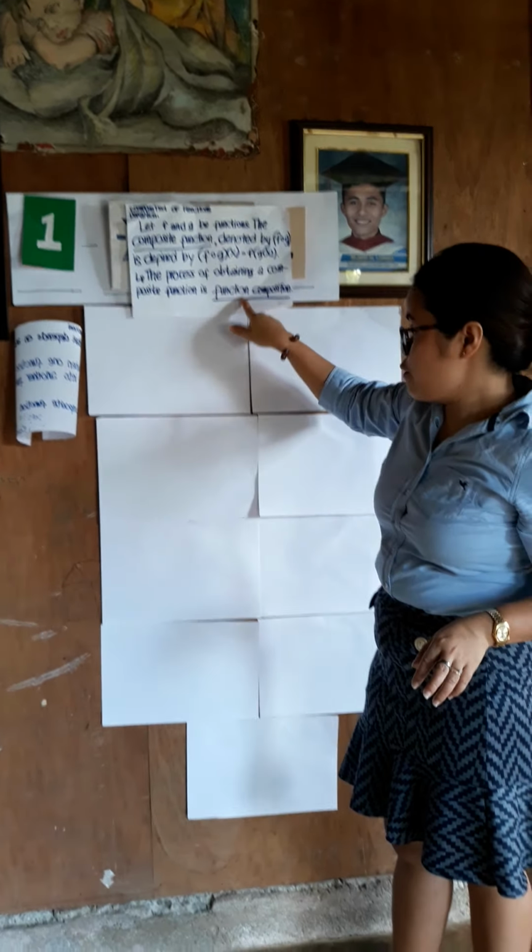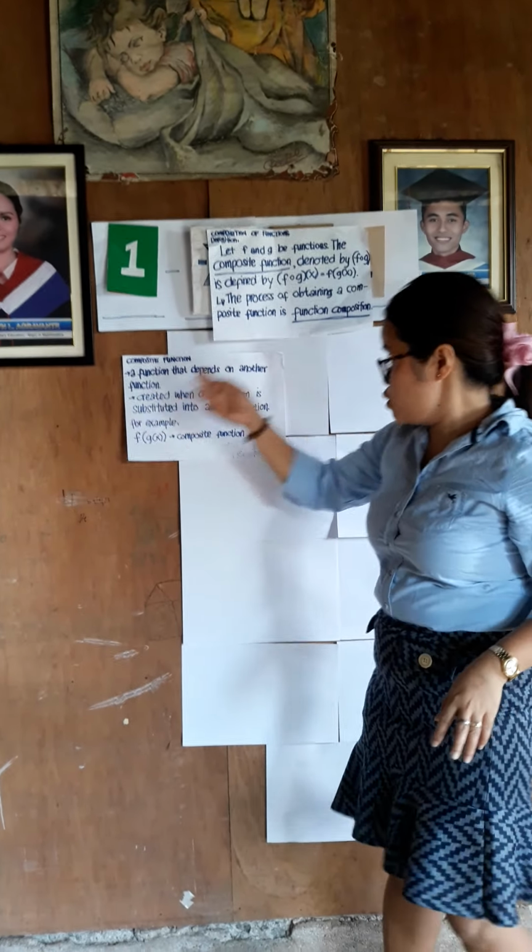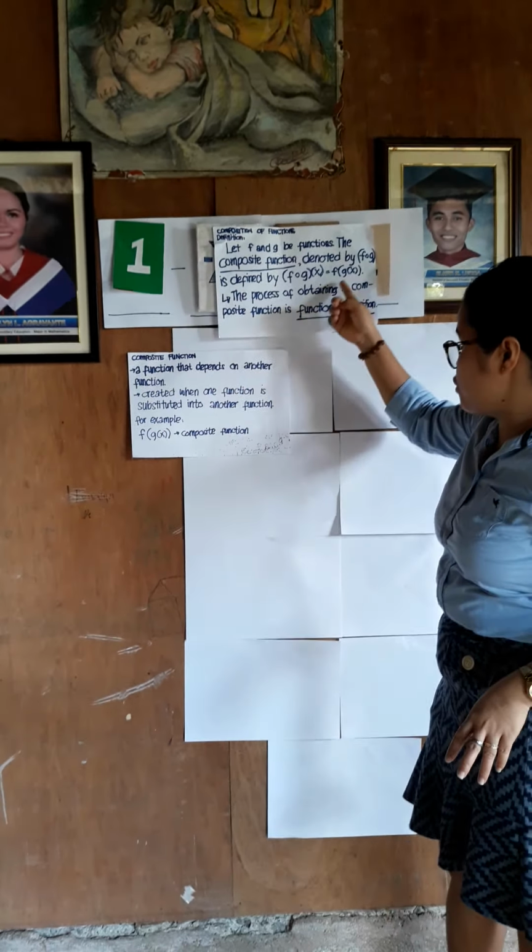Let us know what a composite function is. A composite function is a function that depends on another function. For example, f of g of x. The value of f of x depends on the value of the function g of x. It is created when one function is substituted into another function.